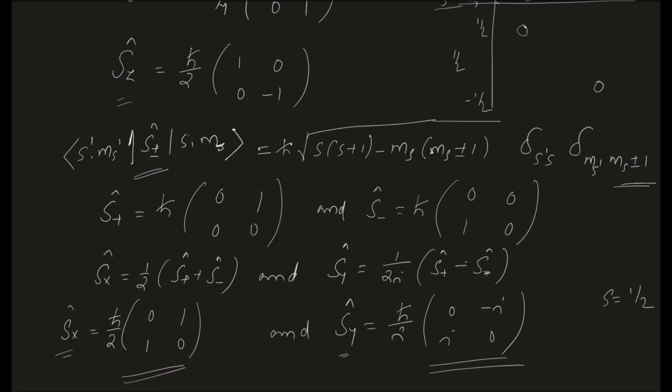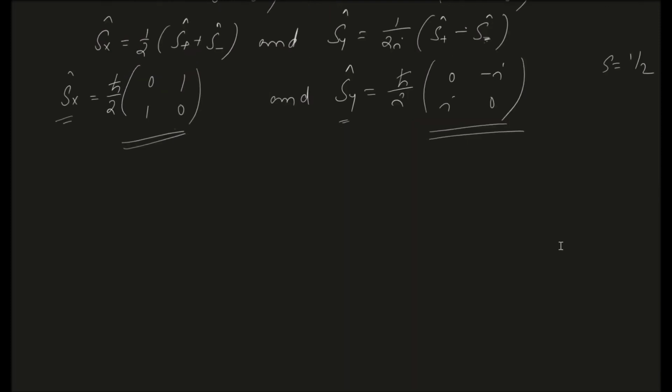He has shown that spin vectors can be related to some matrices called the Pauli spin matrices by this relation. The spin angular momentum is equal to ħ by 2 sigma. So this sigma is called the Pauli spin matrices.